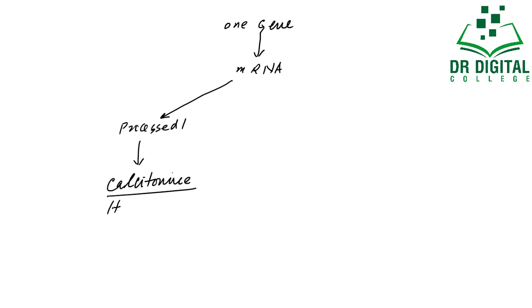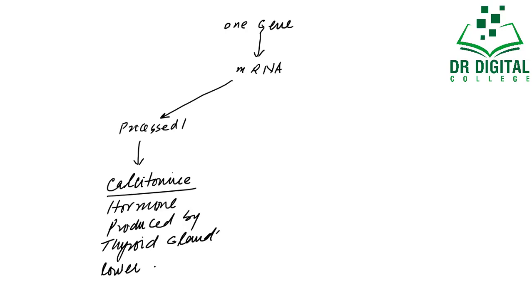Calcitonin, you know, is a hormone which is produced by the thyroid gland and it lowers blood calcium level. So it is regulating blood calcium level. This is the job of this hormone and this is formed by one RNA.